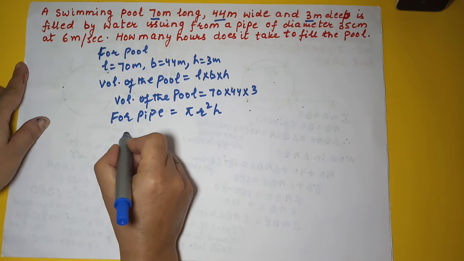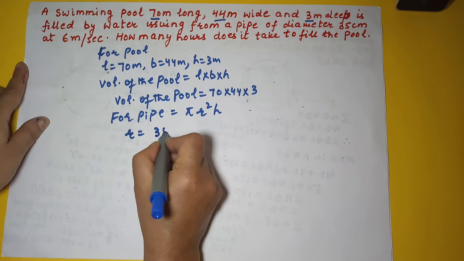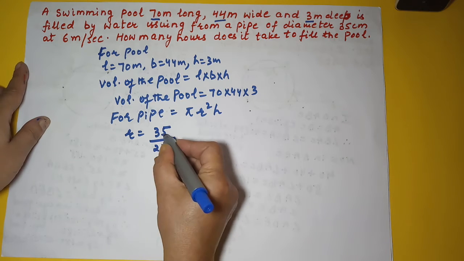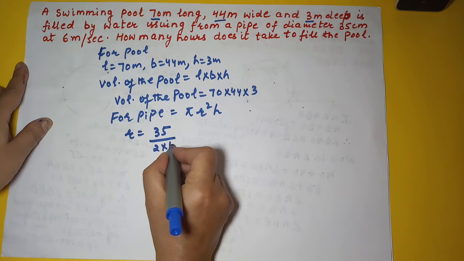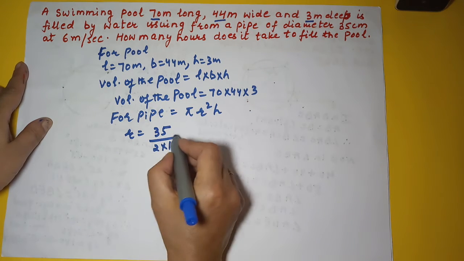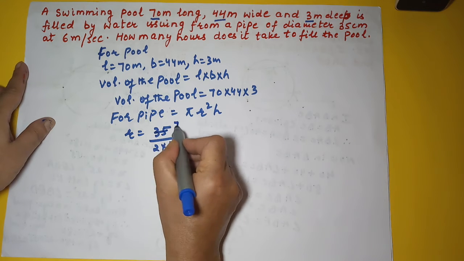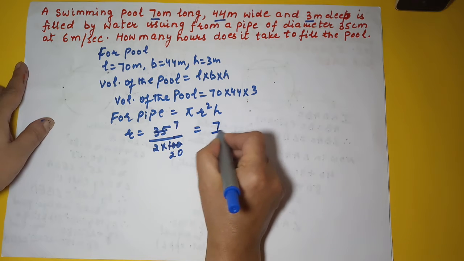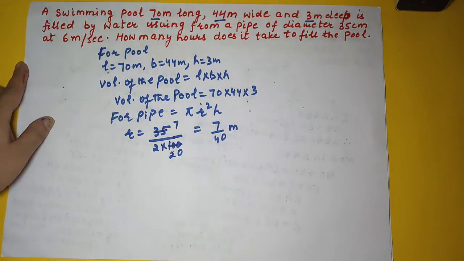Does that mean I can calculate the radius of the pipe as 35 by 2? Since all the dimensions here are in meters, I will also convert this into meters by dividing by 100. So I got this as 7 upon 40 meters. This is the radius I have found.